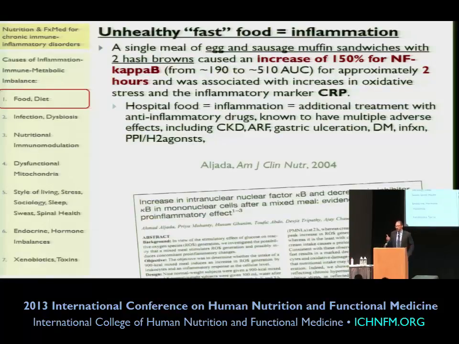Well, what if people are having junk food for breakfast, and then they have their mid-morning crash, so they go for some more junk food, mostly sugar and phytonutrient-deprived foods, which would otherwise offset the inflammatory and oxidative tendency. And then let's say they go for a pro-inflammatory lunch, and they have another pro-inflammatory snack in the afternoon, and they have a pro-inflammatory dinner. They can have sustained inflammation throughout the day just based on poor dietary choices. In this case, it was a hash brown, eggs, and sausage muffin.